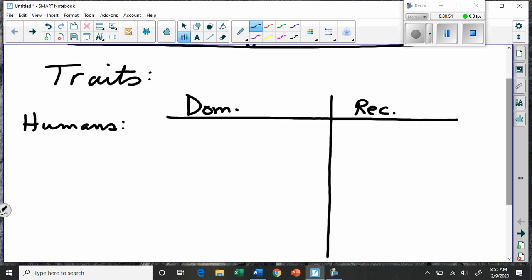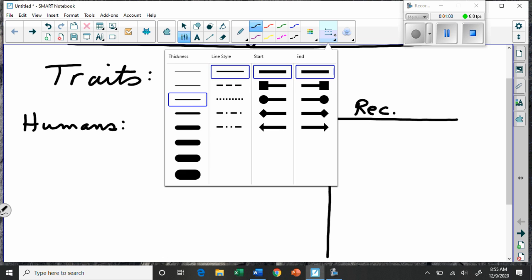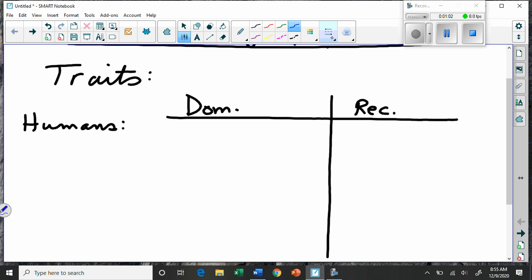So in humans, for instance, we have something called a widow's peak. A widow's peak is a dominant trait, W-I-D-O-W-S peak. And what it is, it's your hairline at the front of your head. A lot of people have a hairline that comes across and makes a little downward V shape, right?